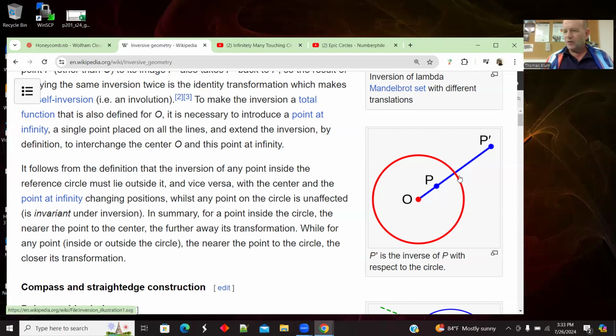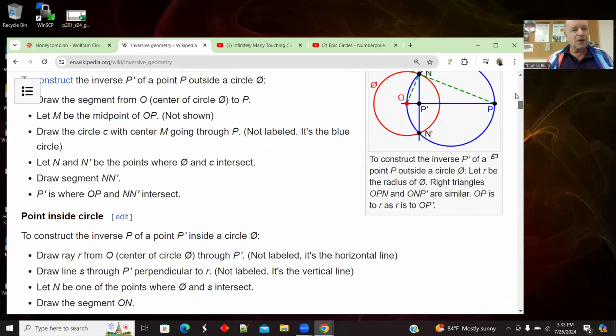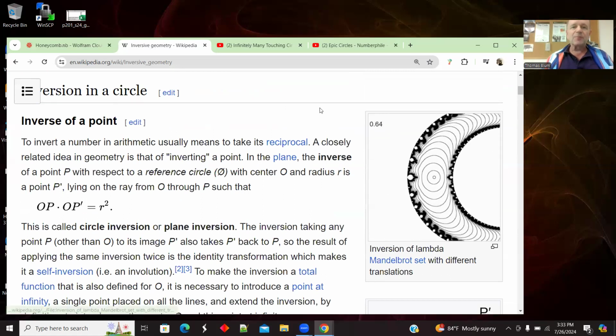And if the radius squared is 1, then that product is 1. Okay, so here it is: OP dot OP prime is R squared.